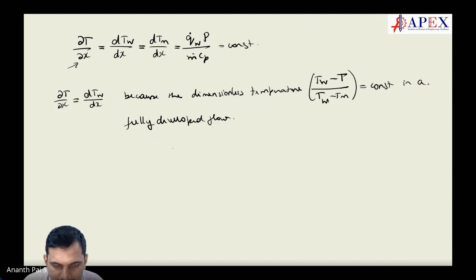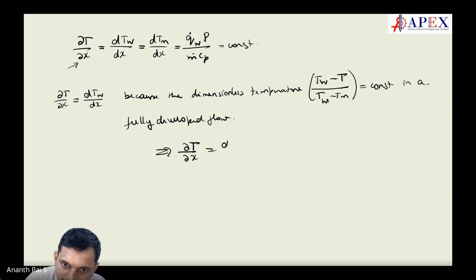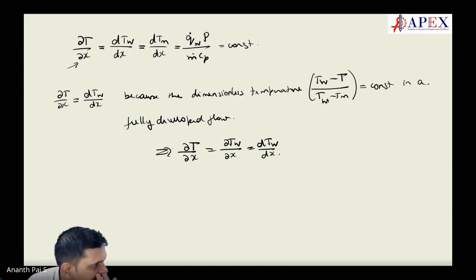You get dou T by dou x is equal to dou T wall by dou x, which in fact, T wall changes only with x. So this can be written as dT wall by dx. Makes sense?